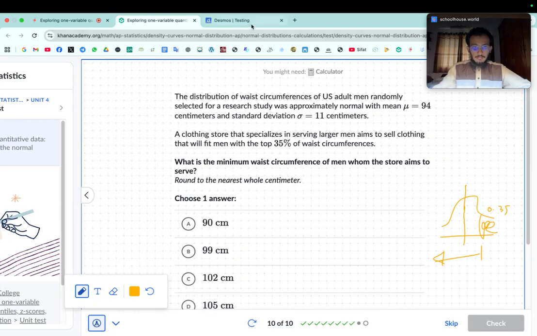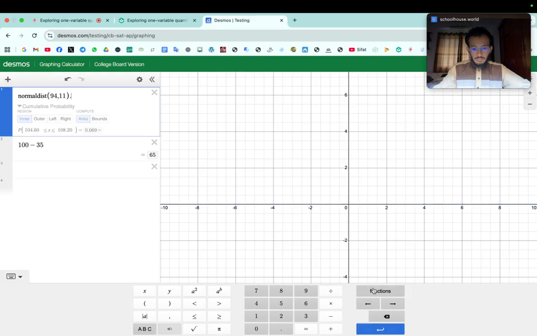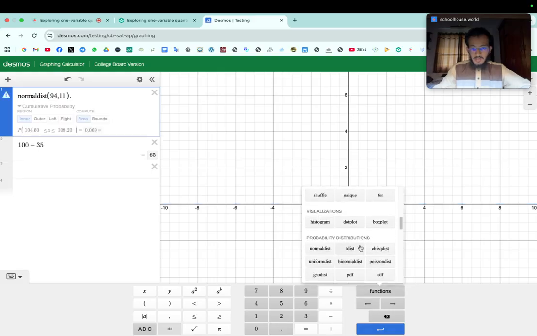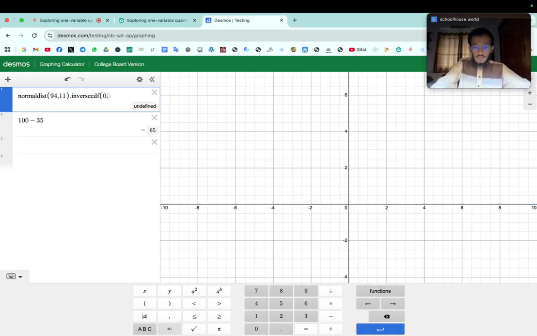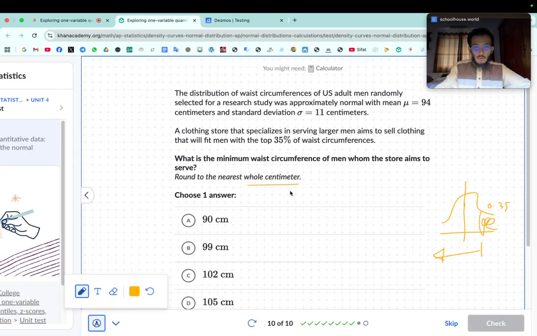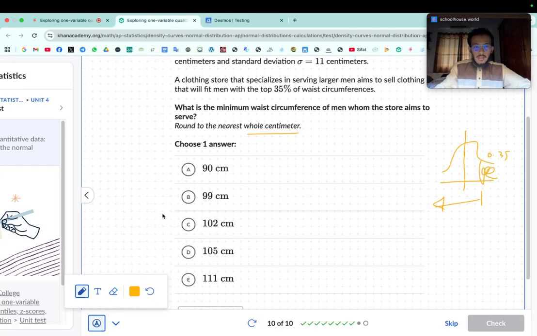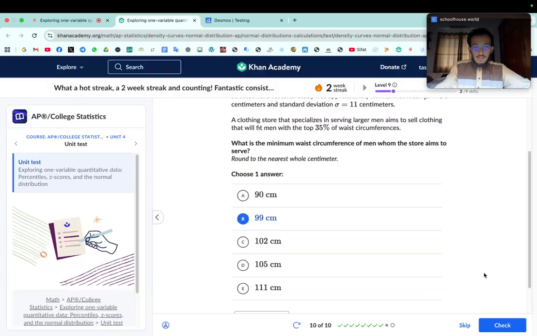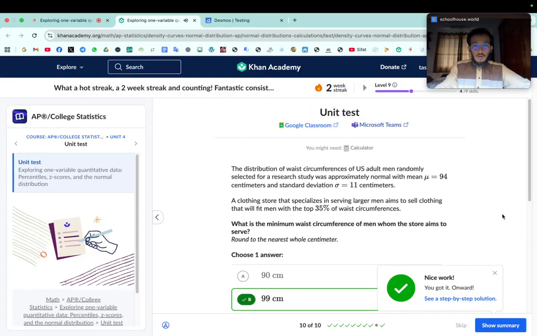So which means we plug in 0.65 in the inverse CDF, and we find the data to be 98.23, and whole centimeter, so it is 98 or 99. It's 99. So B is our answer for our unit test.